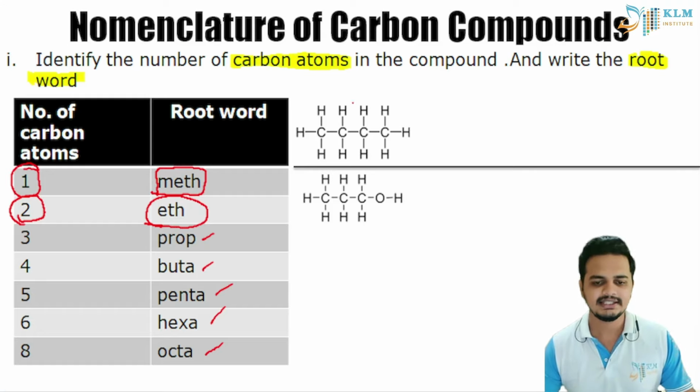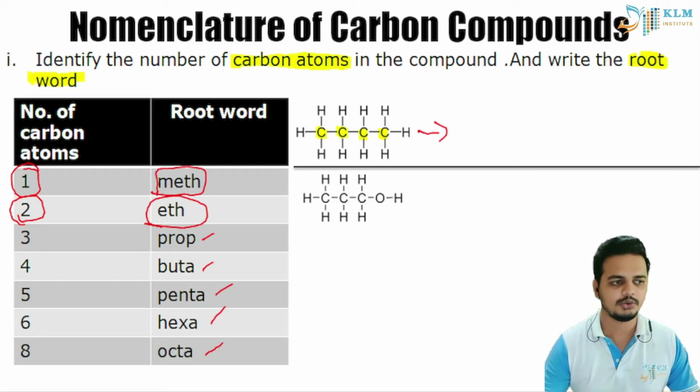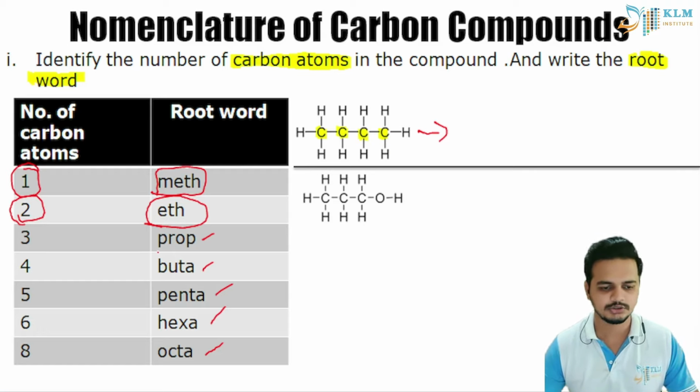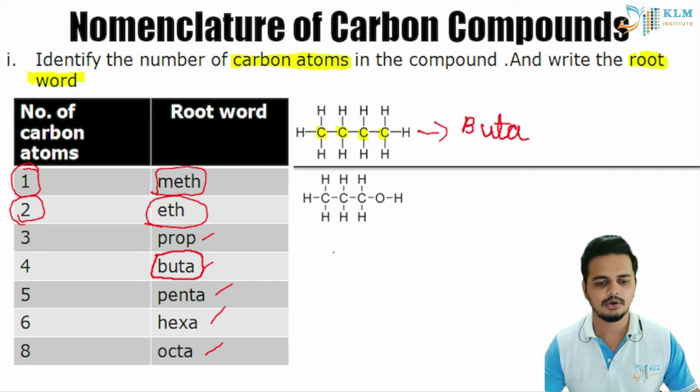So we'll see two examples of how we can name it. First, we are told to count the number of carbon atoms. So 1, 2, 3 and 4. What is the root word here? The root word should be but.